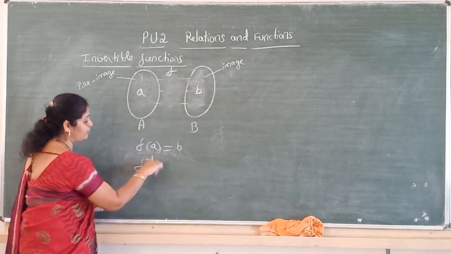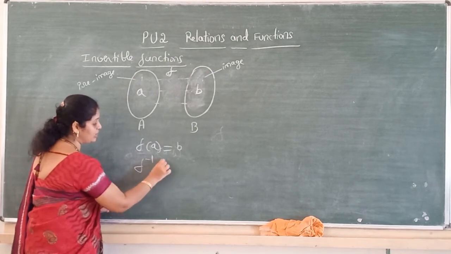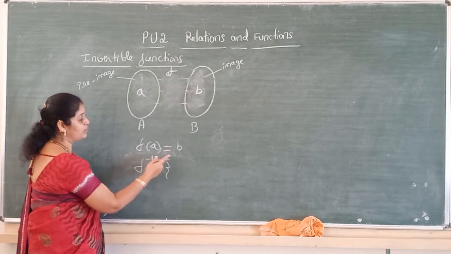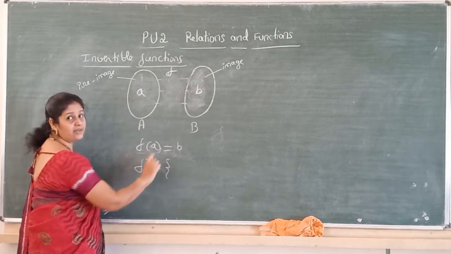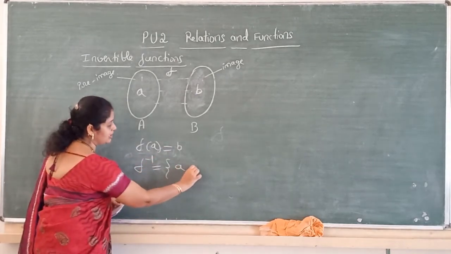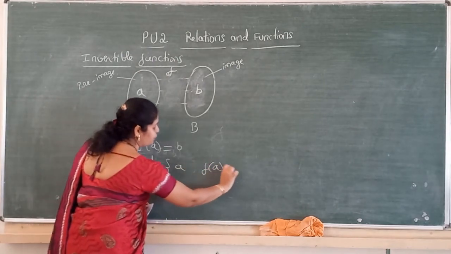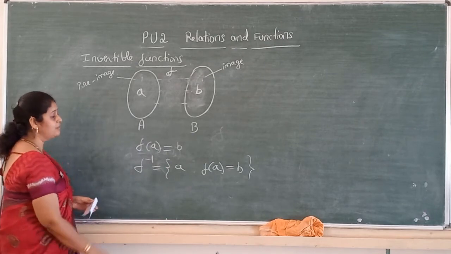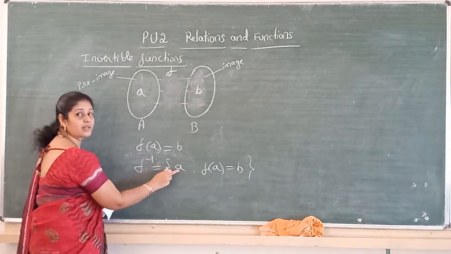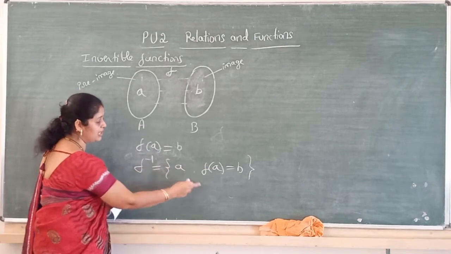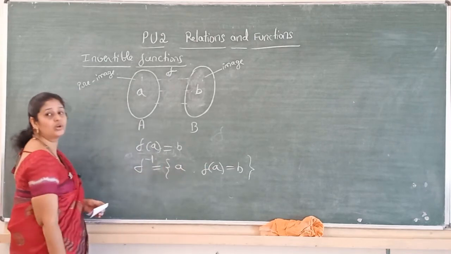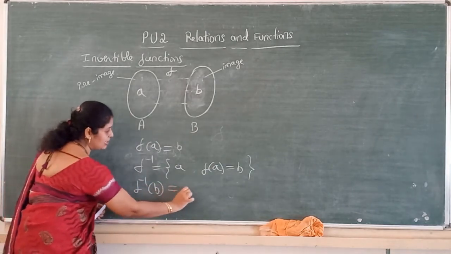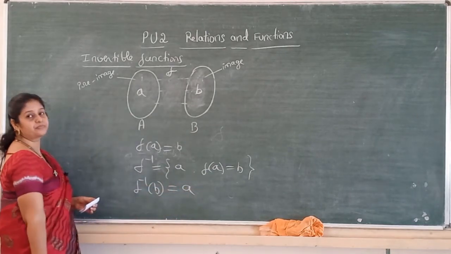Therefore, how to write f inverse? f inverse of b is equal to a. That means if f of a is equal to b, then f inverse of b is equal to a.